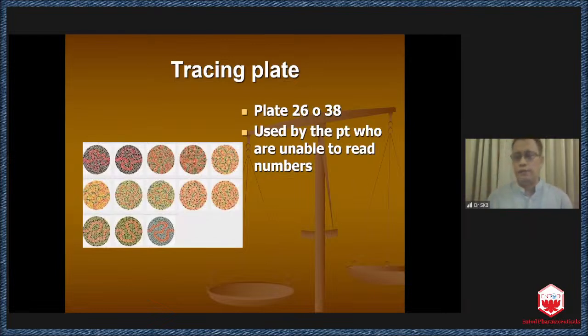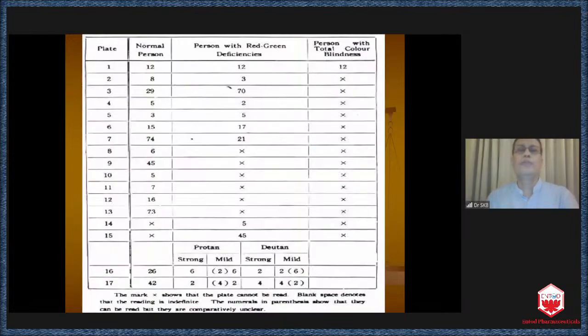Now let us see how these Ishihara plates are recorded. This is actually a short version of the Ishihara plates. Normally we have 38 plates, but here we have 17 plates. This is the demonstration plate. Both normal persons and colorblind people will see the 12.